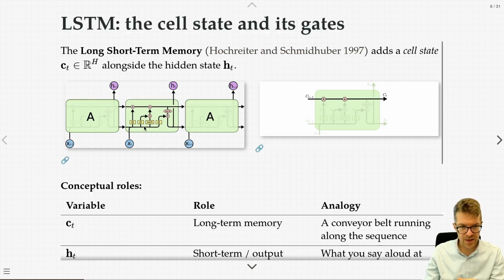So we see that in this diagram over here of the LSTM. But we also have this other vector, c_t, which rides along the top of this diagram. We see it zoomed in over here. Same kind of idea happens. We have a cell state at time t minus 1. We make some modifications to it, and then we pass it forward in time from time t to the next moment in time.